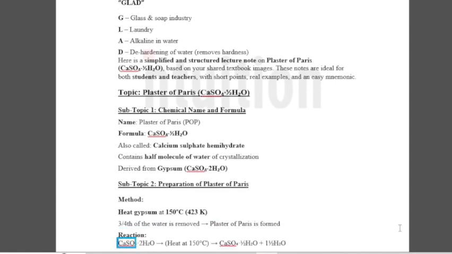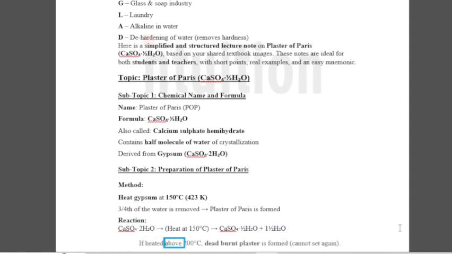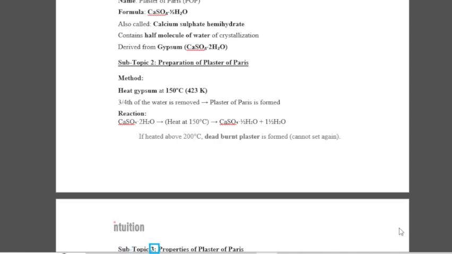Reaction: CaSO₄·2H₂O heated at 150 degrees C gives CaSO₄·½H₂O + 1½H₂O. If heated above 200 degrees C, dead burnt plaster is formed. It cannot set again.